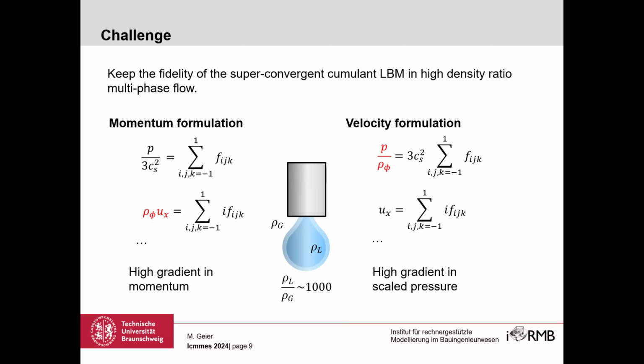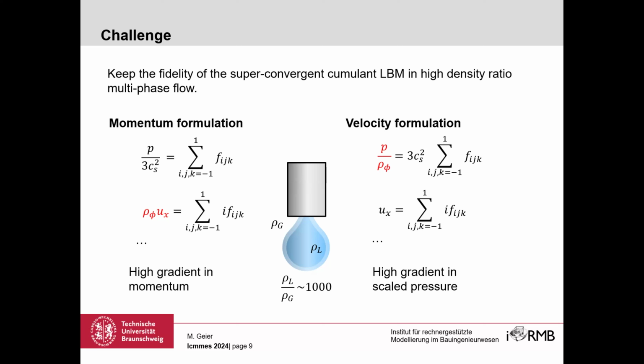So originally, lattice-Boltzmann uses a momentum formulation, where the first moment is actually the momentum. And when you have a high density ratio, this leads to the problem that in the interface you have a very strong gradient in the velocities, or in the first moment. So one of the ideas that is also used is to go to a velocity formulation. And a little bit naively, we assumed that the velocity formulation solves everything.